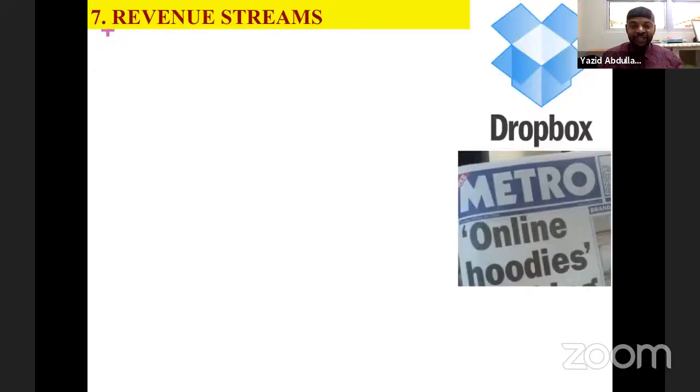Another source of revenue is freemium. Now, before I mention freemium, does any one of you know how Google makes money? How do you think Google makes money? Or Facebook? By advertising. Advertising, very good. Now, if you think about it, one thing about Google and Facebook, what makes them famous is what? They offer their service to you for free.